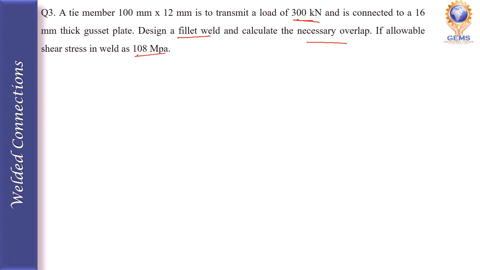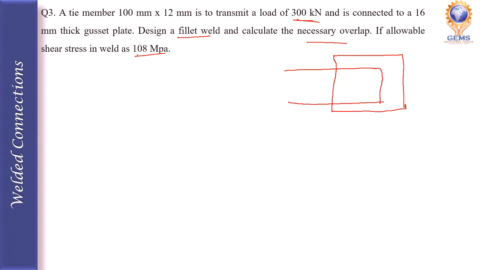So in the question, it is a gusset plate with a fillet weld. We have to find the fillet weld and the necessary overlap. But the question doesn't give any length.